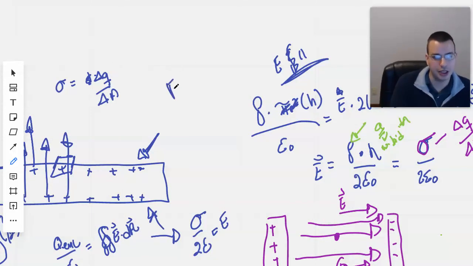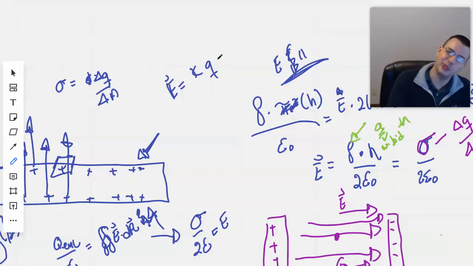So we'll get electric field equals kQ over r squared, where Q is the enclosed charge.